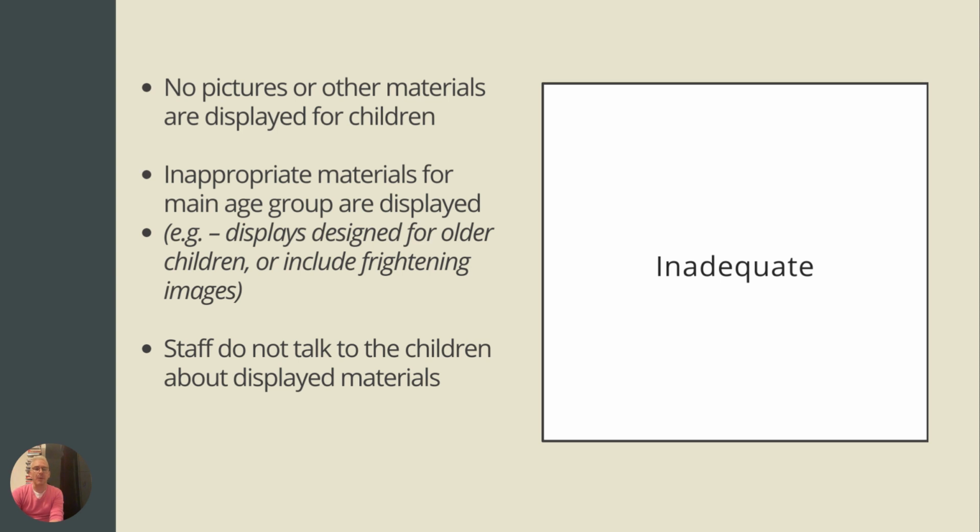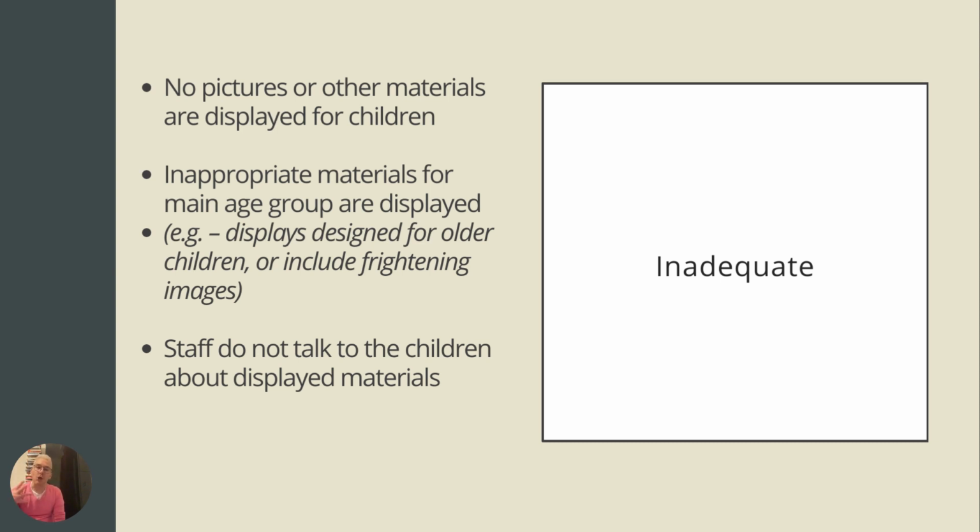For example, the children might be 1 year old, but the displays in and around the classroom are designed for older children: posters, too much writing, etc. Or the displays include frightening images for the children of the age that the displays are aimed for. And staff do not talk to the children about the displayed materials.